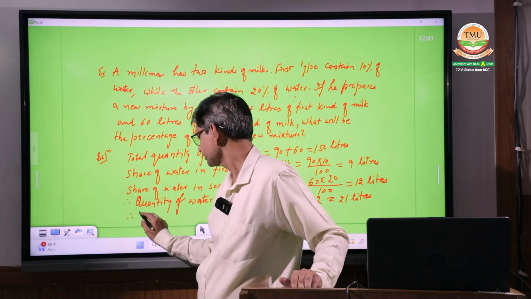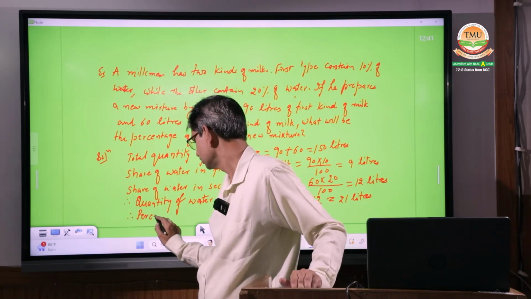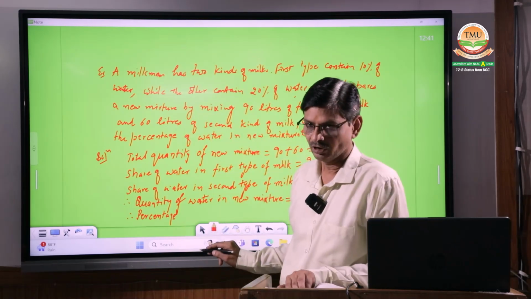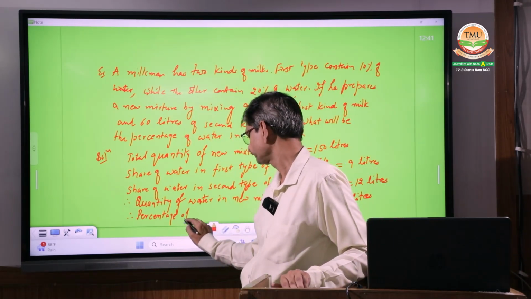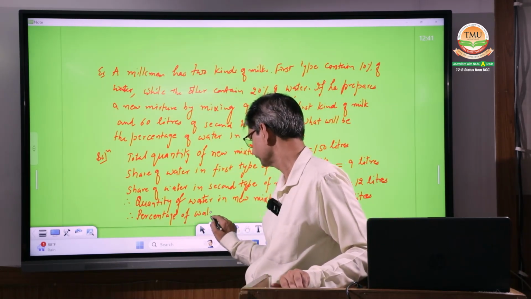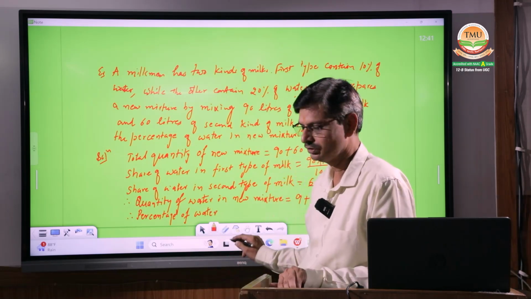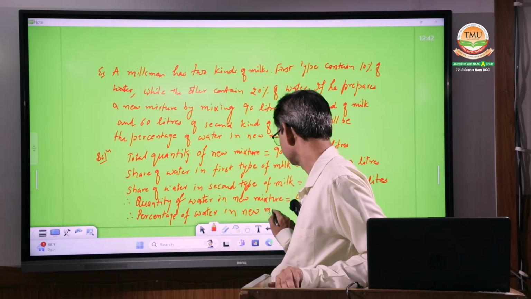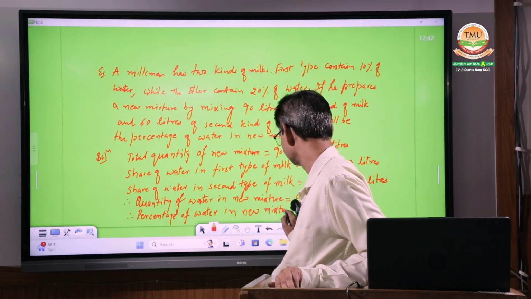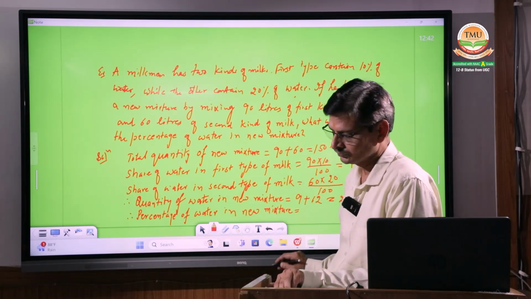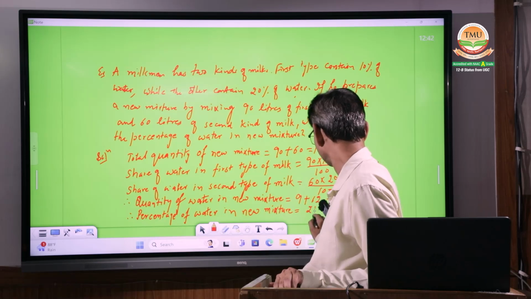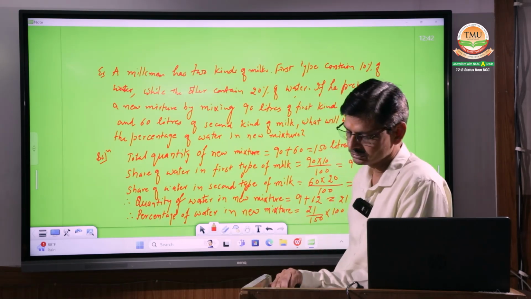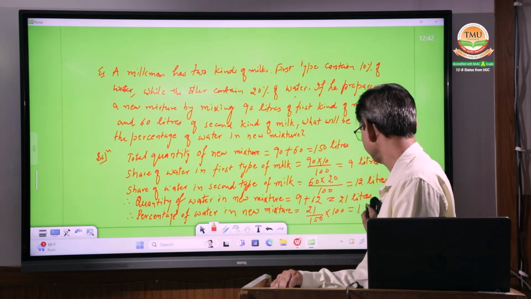So the percentage of water in new mixture is 21 upon 150 into 100, which will be 14%.